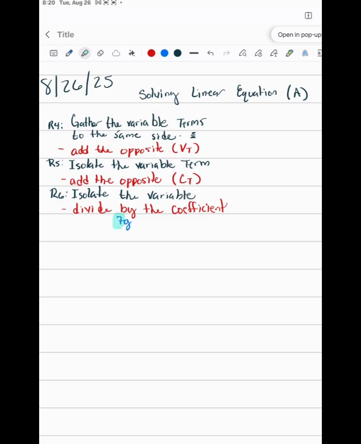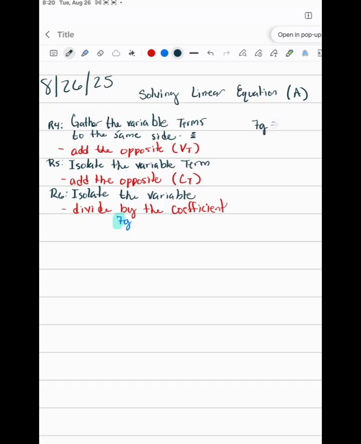That's the coefficient. Whatever that is, that you divide by. If the coefficient was negative, you divide by -7. If it was positive, you divide by just regular 7. We'll get to that. Matter of fact, let's get to it now. Let's start our first problem.